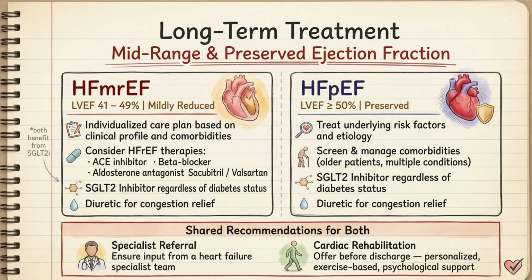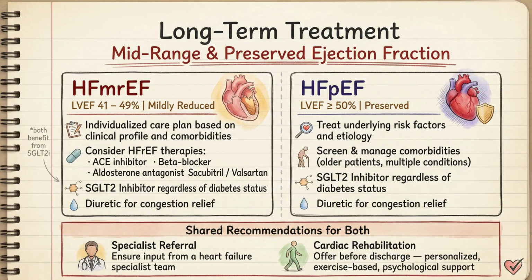For HFmrEF, LVEF 41 to 49%, an individualized care plan based on clinical profile and comorbidities. Consider the full HFrEF therapy toolkit: ACE inhibitor, beta blocker, aldosterone antagonist, and sacubitril valsartan, SGLT2 inhibitor regardless of diabetes, and diuretics for congestion relief.